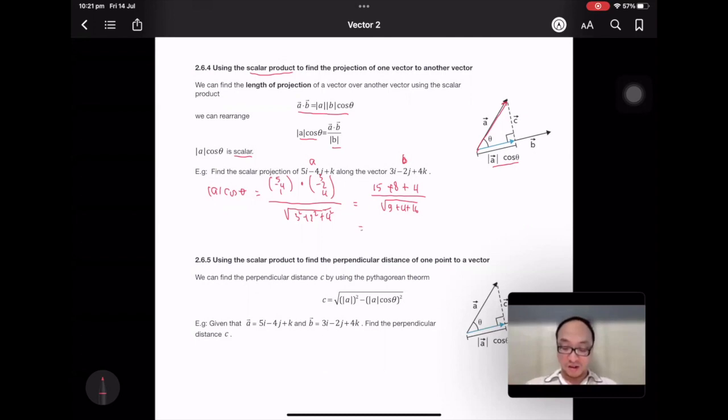So it equals 27 over the square root of 29. Or if we do the rationalization, we have 27 square root of 29 over 29. So this is the length of the projection of vector A on vector B. The result is a scalar.